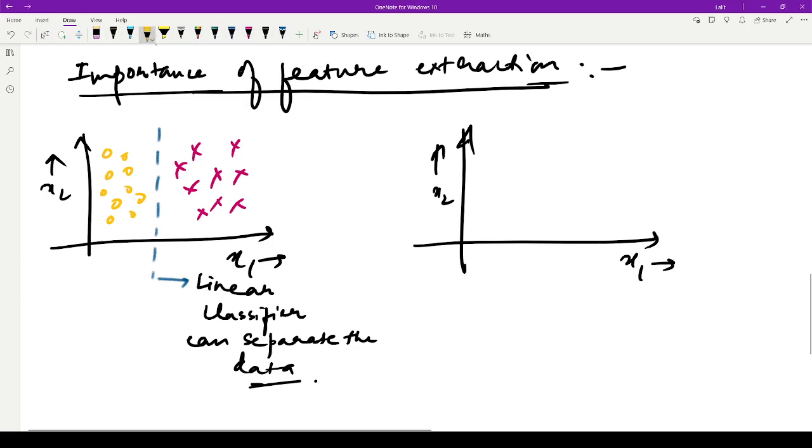If I draw lines here like this, there is no line which can divide both the classes using feature x2 only. So there is no discriminative power in this example that I gave, but for x1, it is so discriminative that if you just extract feature x1, you're done.